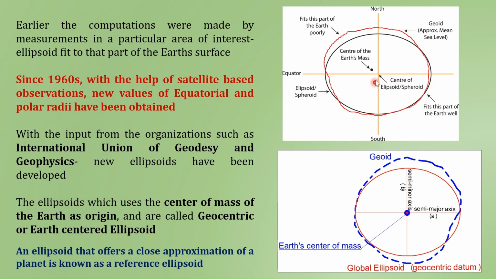The ellipsoids which use the center of mass of the earth as the origin are referred to as geocentric or earth-centered ellipsoids. And an ellipsoid that offers a close approximation of our planet is known as the reference ellipsoid and is used as a reference surface for measuring latitude and longitude.